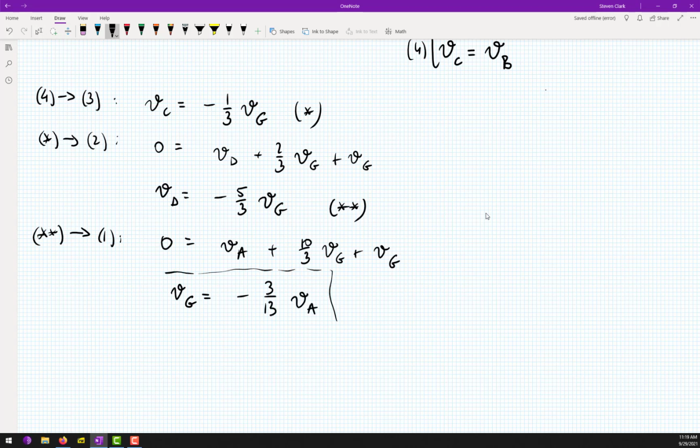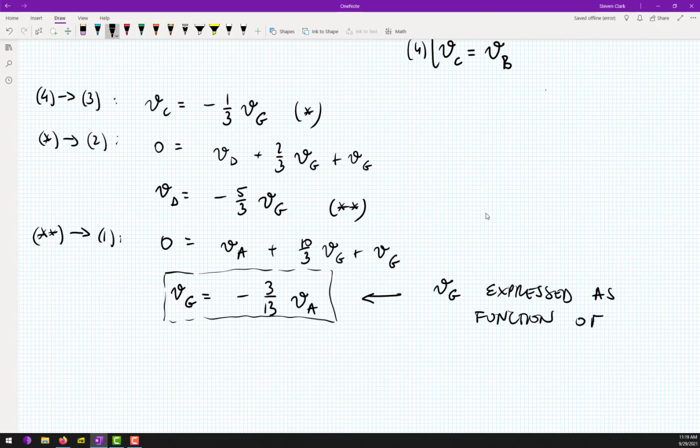Great. We basically solved part A. So this is VG expressed as a function of VA. Or just to save some ink, VG is a function of VA.